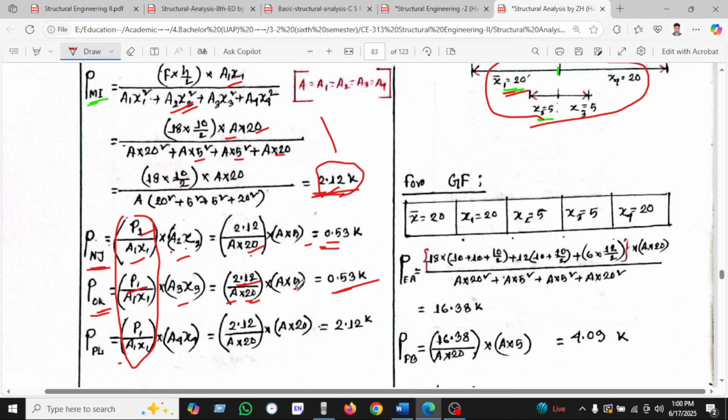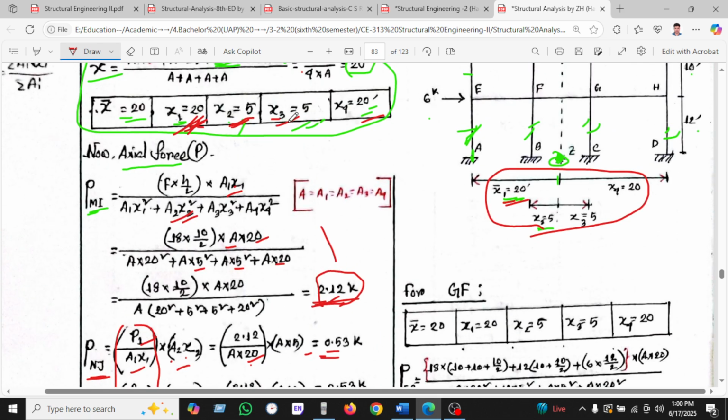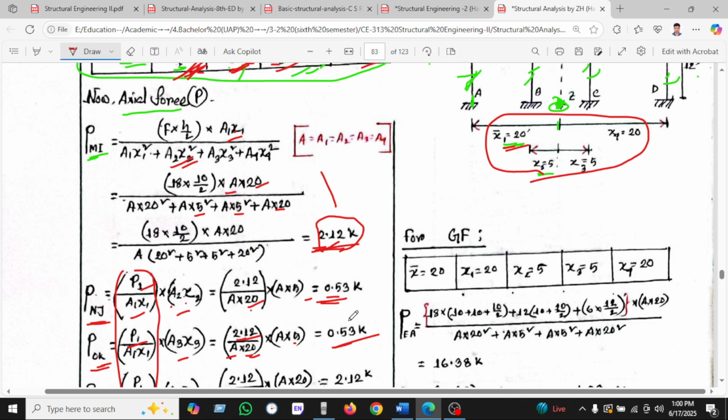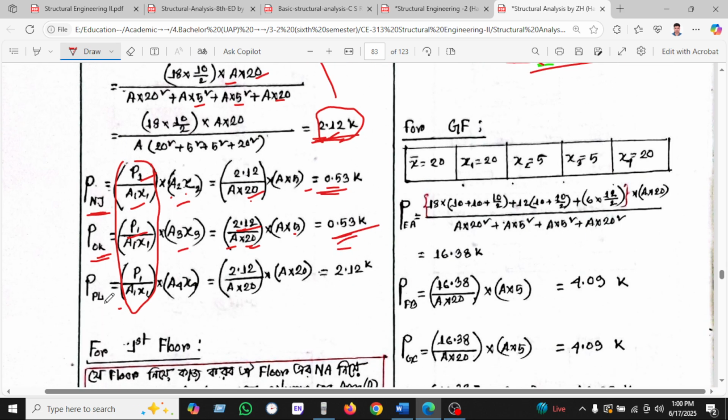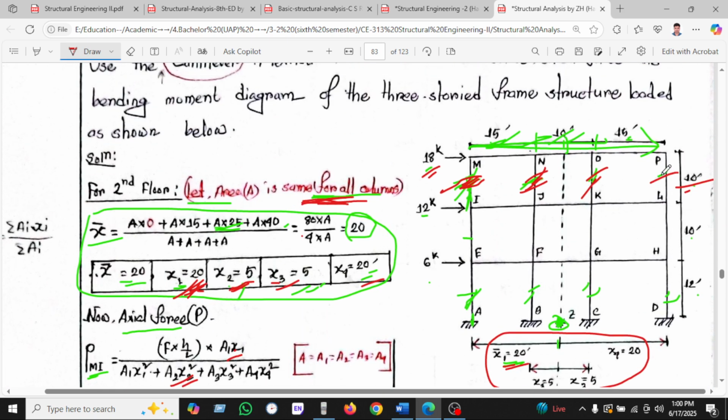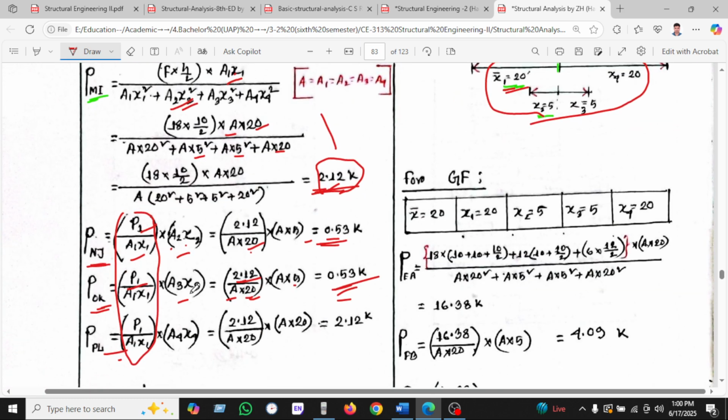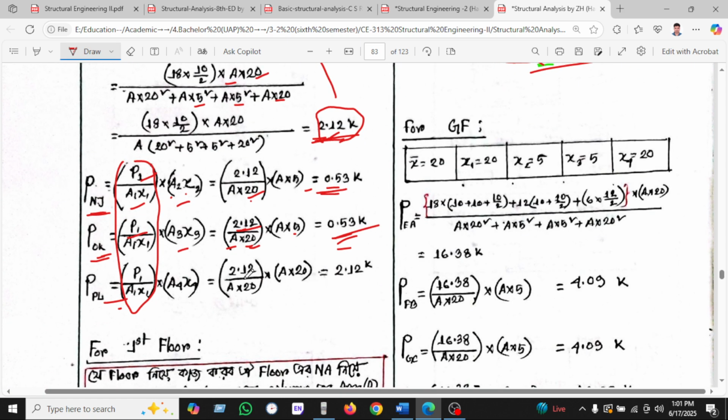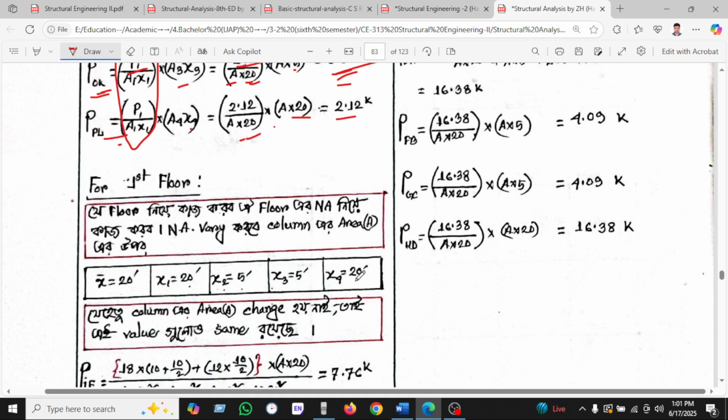And X3 we have taken as 5, and found 0.53. And the last one, we can see P1, so this portion, and putting in these values, P1 is 2.12, X1 is 20, and X4 is 20, and we found 2.12.